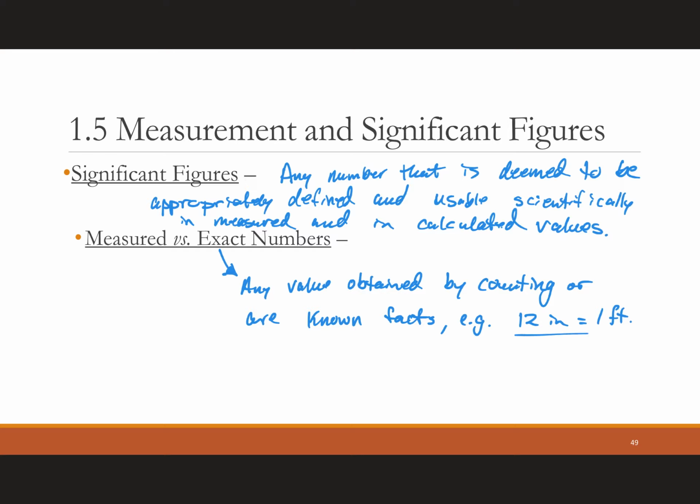That is a fact. There's 100 centimeters in 1 meter. There's no doubt about that. Those are exact values. There's 60 seconds in a minute, and 60 minutes in an hour.